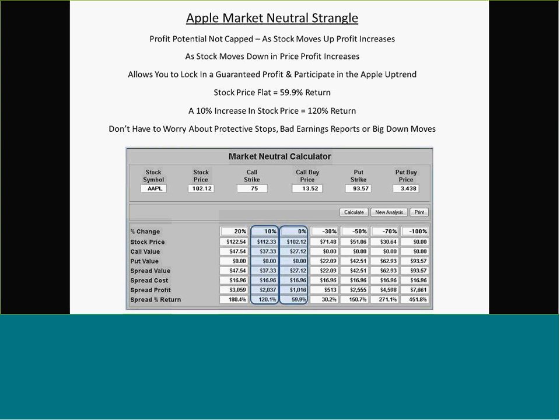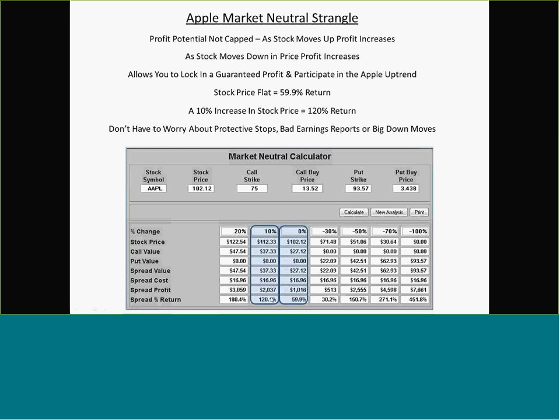So again, I purchased the 75 strike call at 13.52, and then I purchased the 93.5 strike put at 3.43. So hit calculate, and then this first row displays the various price changes in Apple stock at expiration, and the second to bottom row displays the dollar profit potential for this trade, and then the bottom row here displays the percent return potential for this trade.